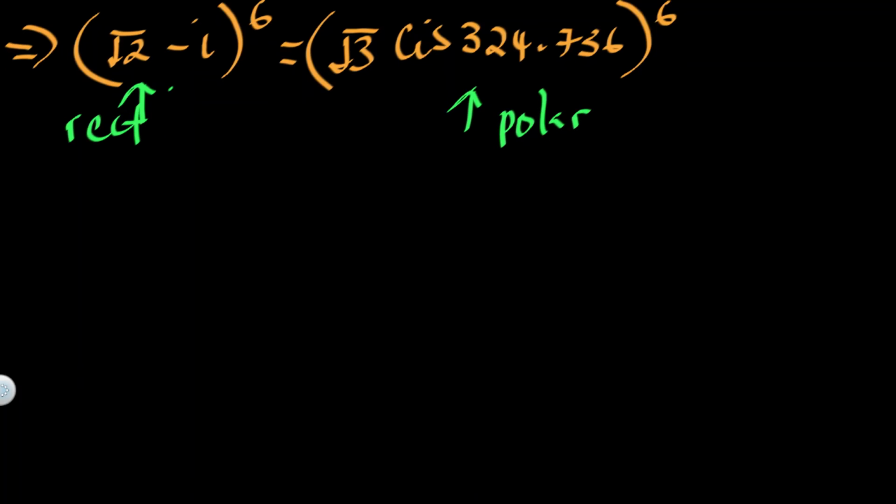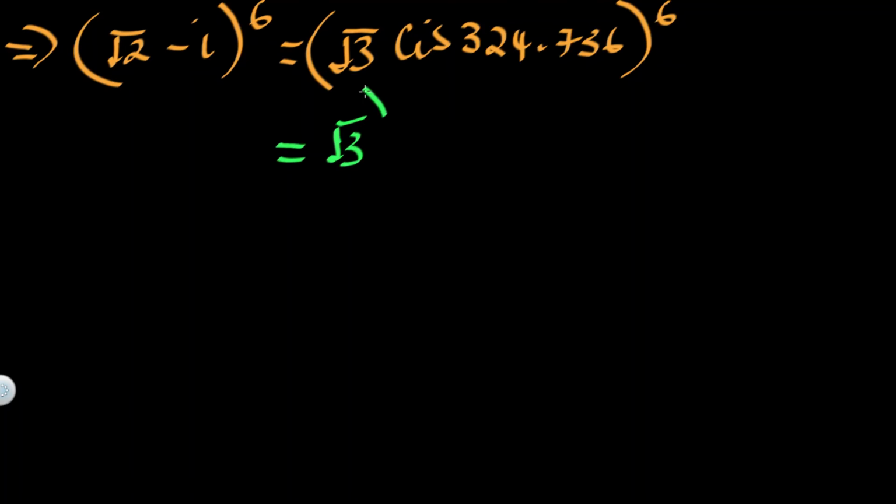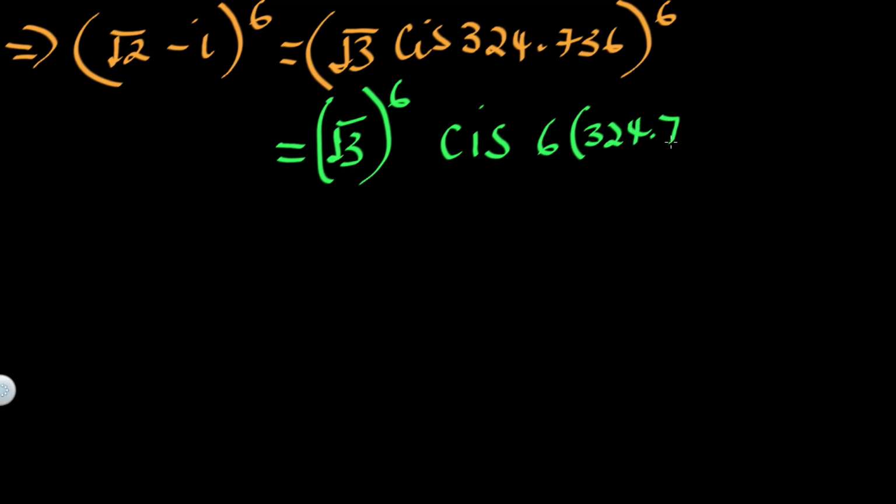We converted to polar form for one reason, so that we can apply de Moivre's theorem easily. Applying de Moivre's theorem, this means r, which is root 3, to the power of 6, and then cis of 6, which is your n, the power, times 324.736 degrees.